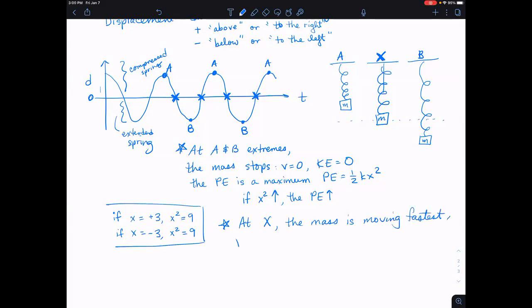In other words, the speed is at its max value. And it passes through the equilibrium position, such that the potential energy equals 0 because little x equals 0.